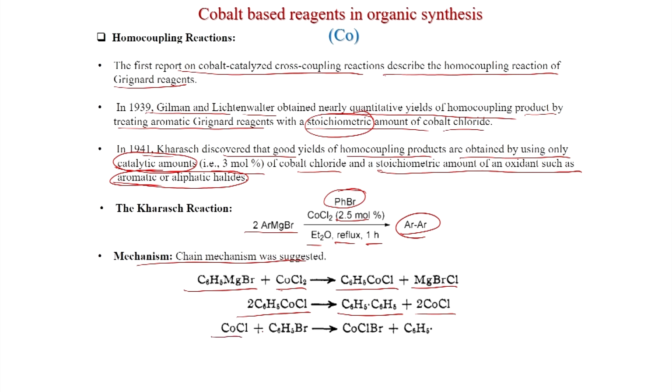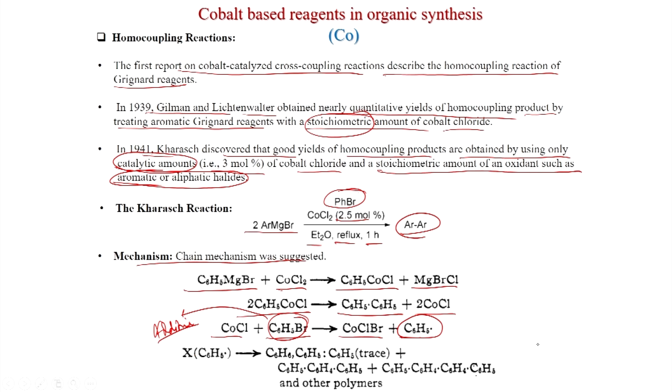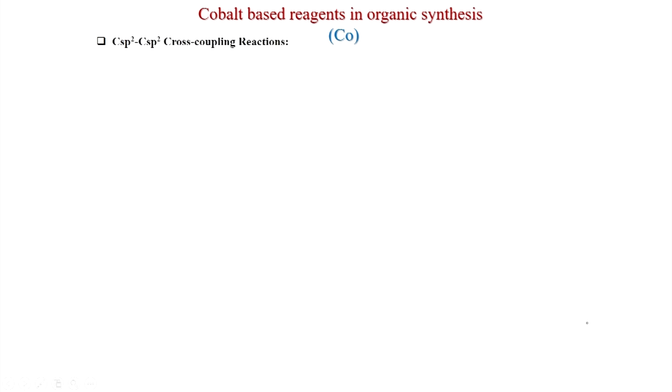Now, this CoCl will react with C6H5Br, which is the additive here, and you get CoClBr plus a phenyl radical, and this phenyl radical can give biphenyl, benzene, then trimer, tetramer plus other polymers are possible. This was published in JACS 1941.